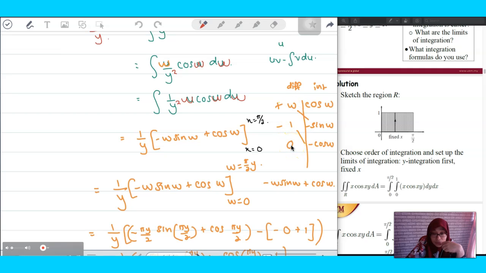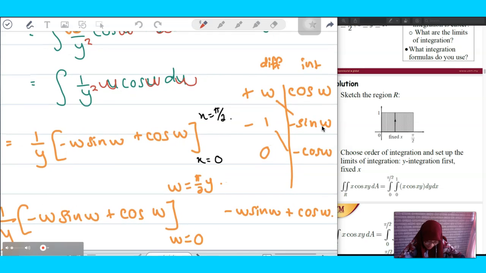W with respect to w, we get 1, 0. And integrate cos, I get sine.